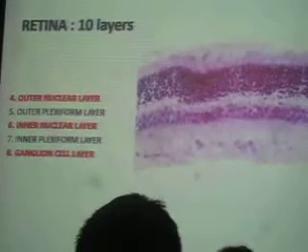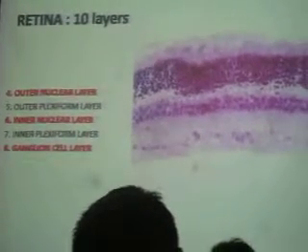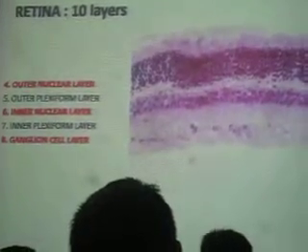So you have 5 layers right away. What's next?